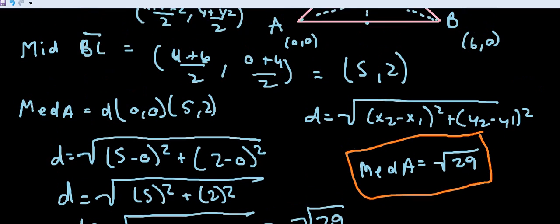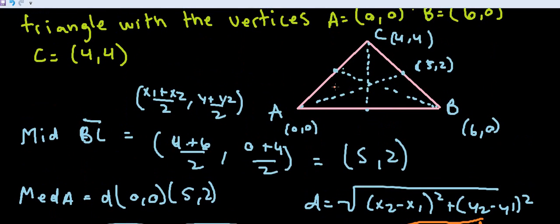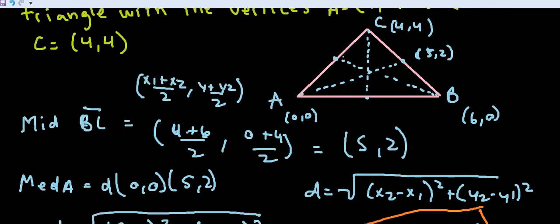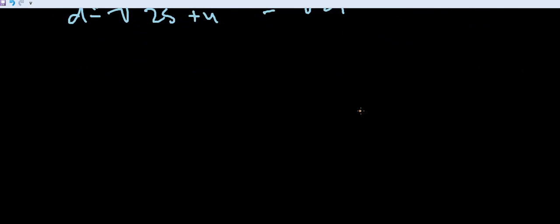Now we have this distance right here as the square root of 29. Now let's find B. For B, we want to find the midpoint between A and C, so the midpoint between 0, 0 and 4, 4. Let's go down and do that.